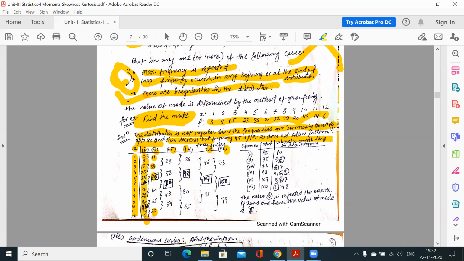So 8 plus 15, 23 plus 35, 40 plus 32, 28 plus 20, 45 plus 14. Now we have a single value, so we will leave that. So we add the frequencies till 45 and 14, and 45 plus 14 is 59.